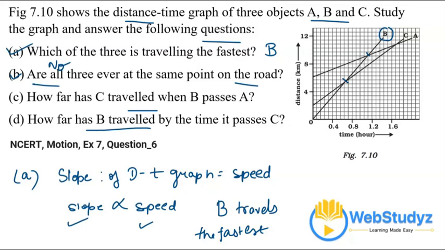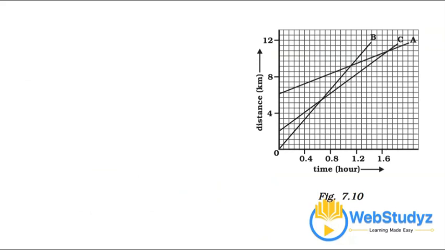Now the C part is how far has C traveled when B passes A. So let's see. We can see here B passes A at this point. And we have to calculate how far C has traveled when B passes A. So we have here the distance in blocks.